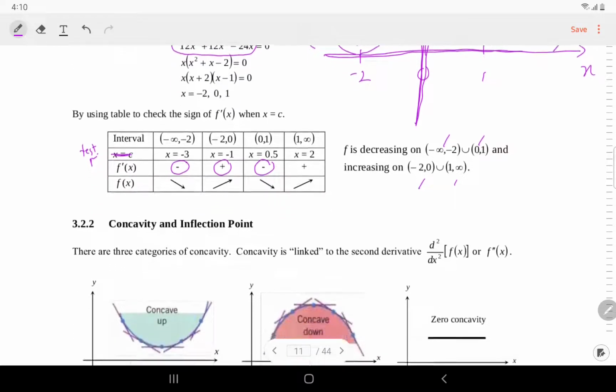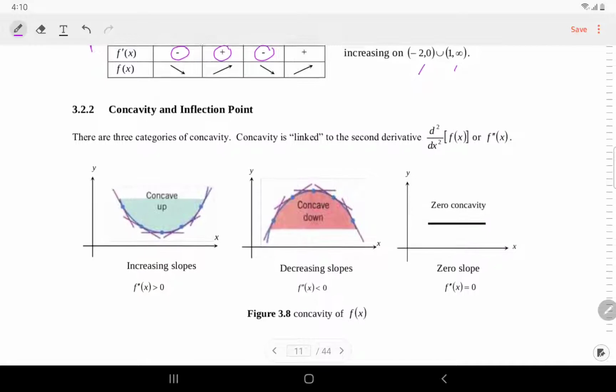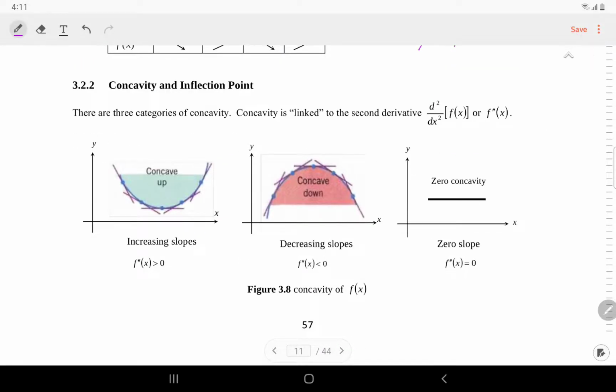Okay, second thing is, how do we find the concavity and the inflection point? To find the concavity, we need to find f double prime x, meaning that we need to differentiate the function twice. If f double prime x is greater than 0, it means increasing slope, and the graph will be concave up.